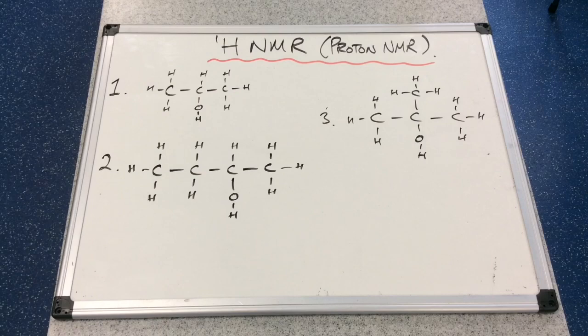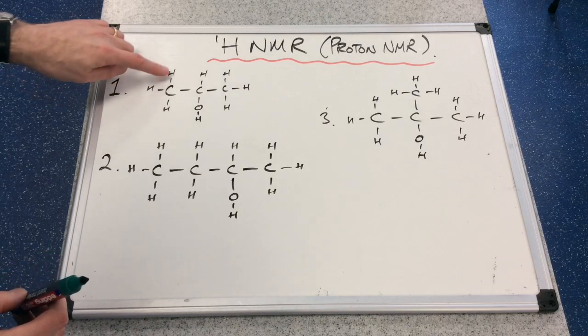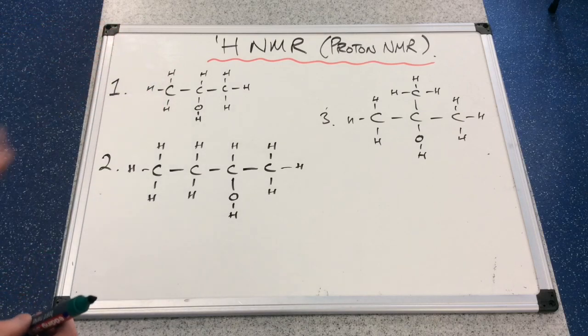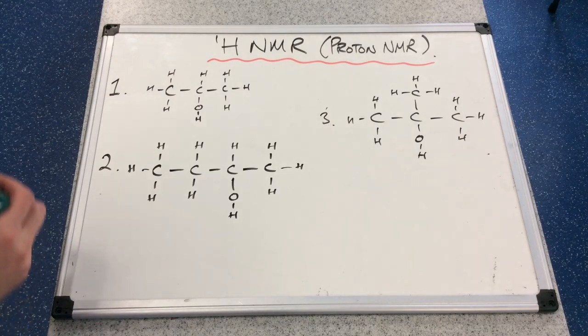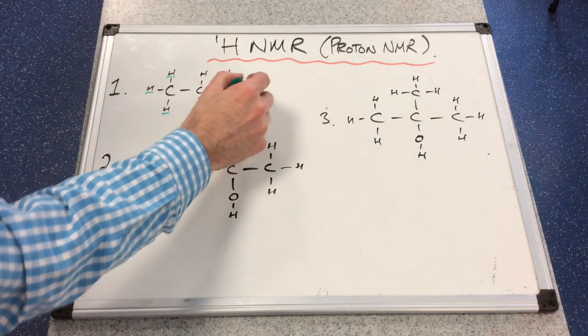So if we look at number 1, we've got hydrogens in this environment here. These 3 are all equivalent to each other. Is there another set of hydrogens that are the same as those? Well, there are. So I'll colour those in green. It's these ones here.